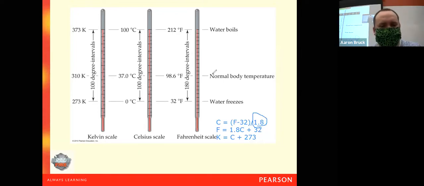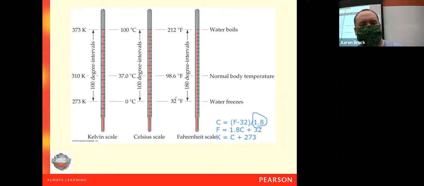Fahrenheit is off by 32 degrees. We can see that here on the scale. 32 on Fahrenheit is 32 degrees higher than Celsius at the 0 point of the scale, the freezing point.